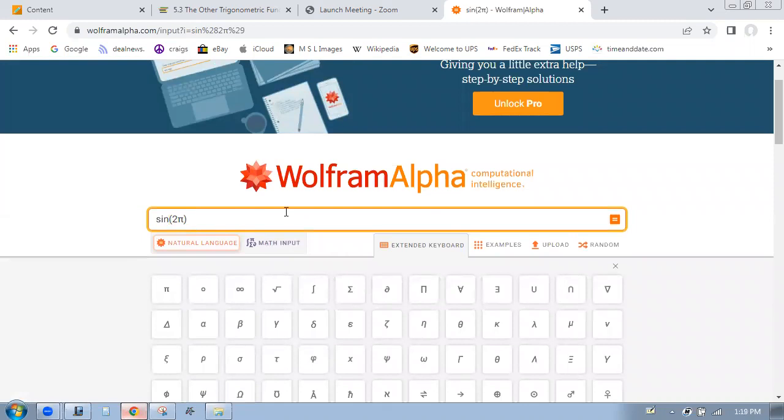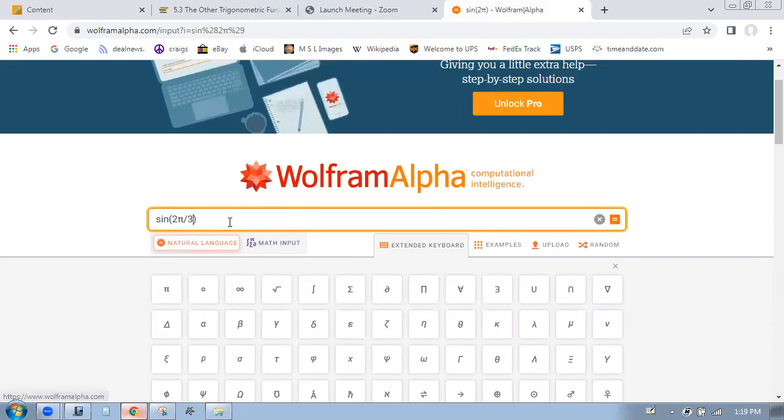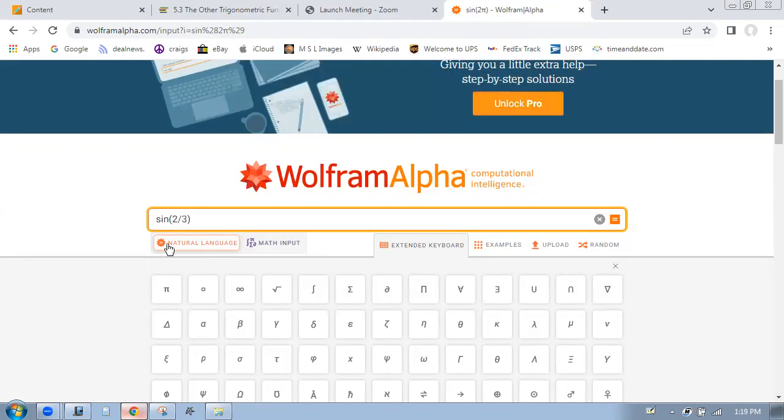So if I did like 2 pi over 3, because it sees a pi in there, it's going to assume radians. It's not going to think 2 pi over 3 degrees, right? But if I just had 2 over 3, there's no pi in there, it's going to assume you mean degrees, right?